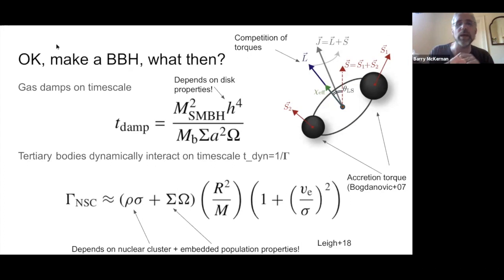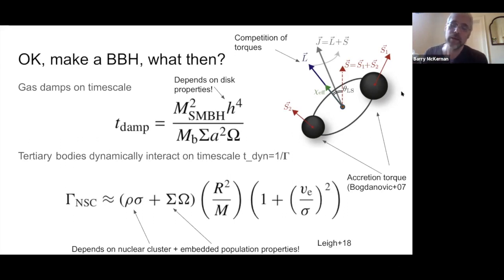Okay, so say you make a black hole binary in an AGN. What happens then? I've stolen this little cartoon from Carl Rodriguez because it's really neat, and it illustrates some key points. You get a black hole of mass m1, with a spin magnitude s1 and an orientation pointing whatever way it's pointing. Black hole mass m2, different spin, different magnitude.